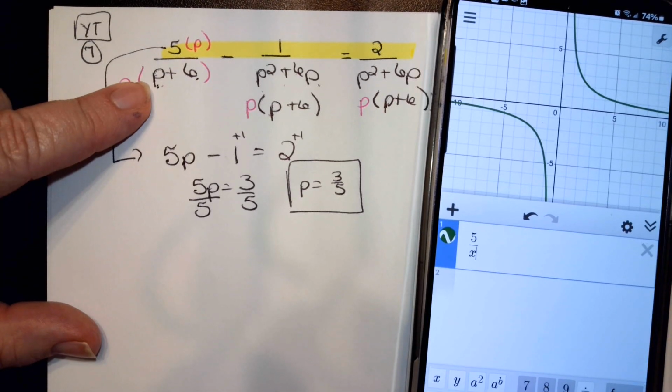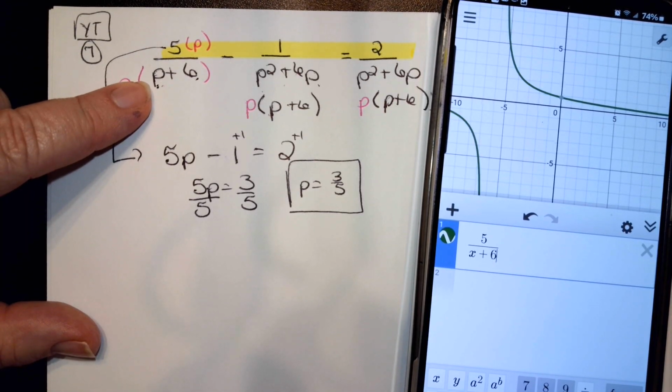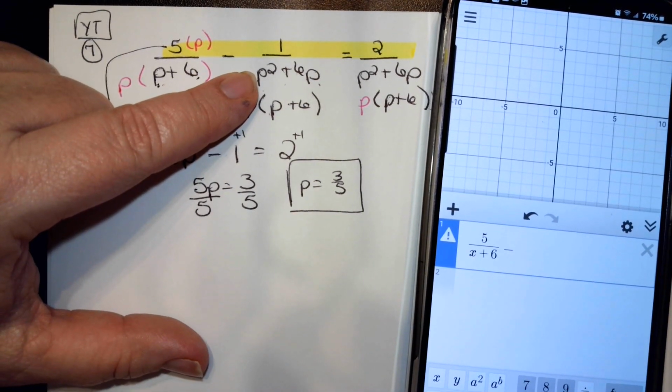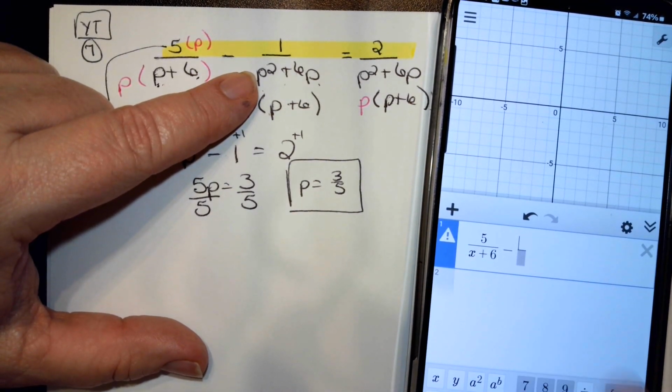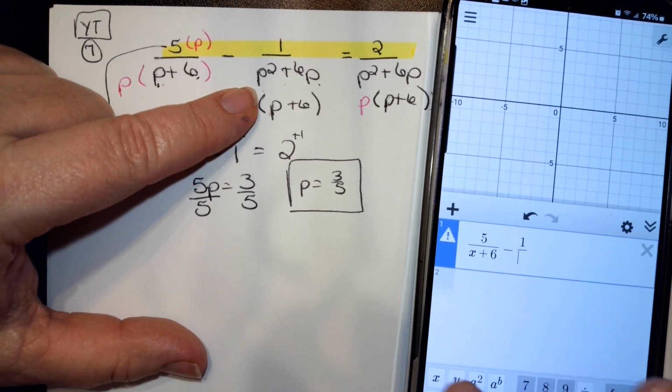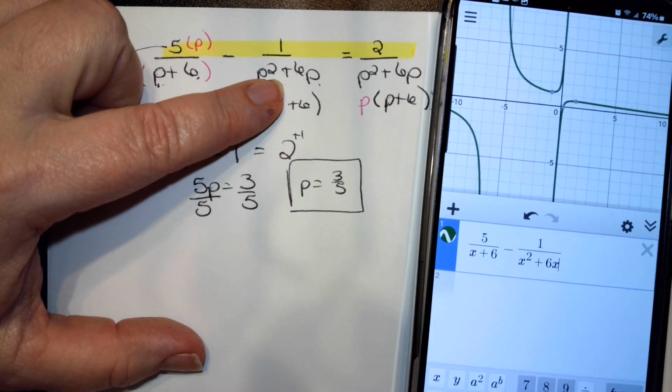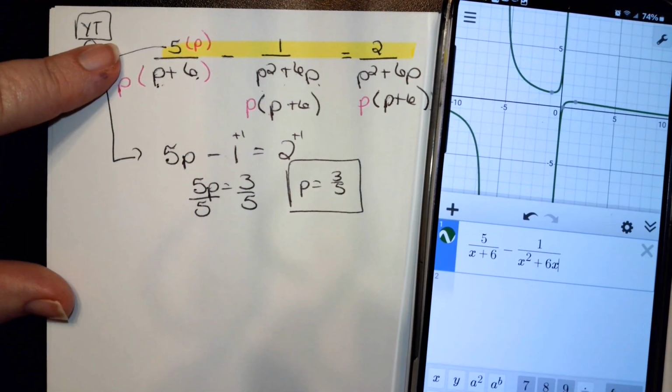So I'm going to say x plus 6, cursor to the right, minus, hit the division bar to get that fraction, 1 over x squared plus 6x. That's the left side.